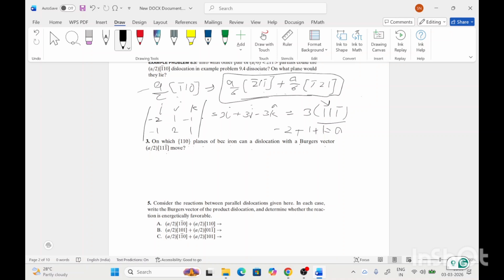First we will check for 1 1 0 only. So 1 1 bar 1 into 1 1 0 will not give 0. If we take the 1 bar 1 0 plane, this will be 1 minus 1 plus 0, which will be 0.